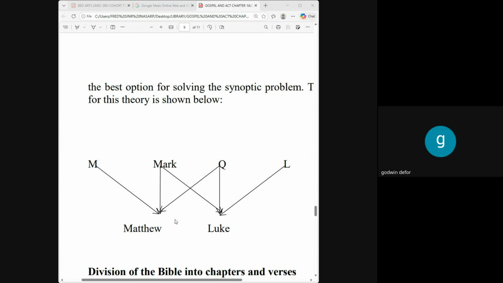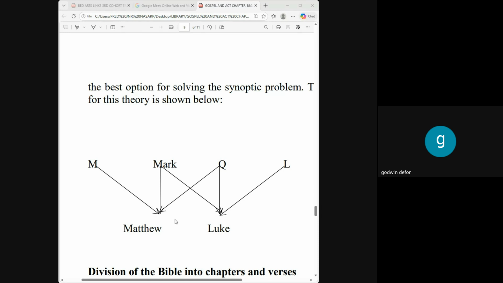All right. Yes. Many scholars think that the fourth source theory is the best option for solving the synoptic problem. Why? Because you see material in Matthew and Luke, but that particular passage is not recorded by Mark.